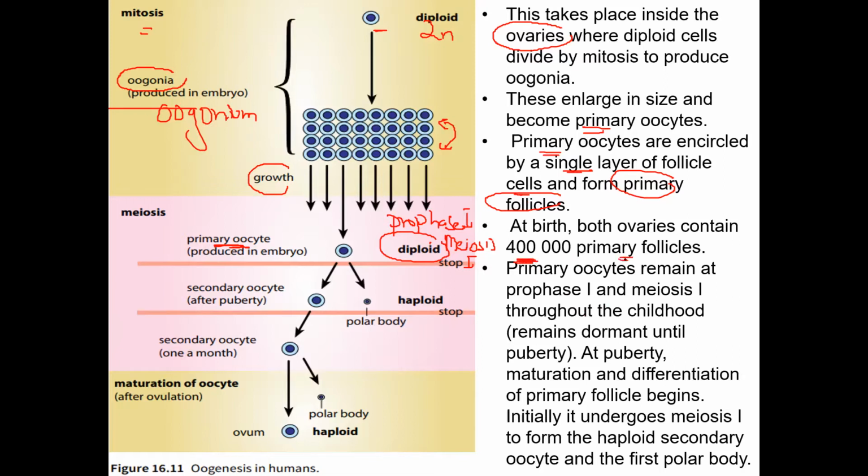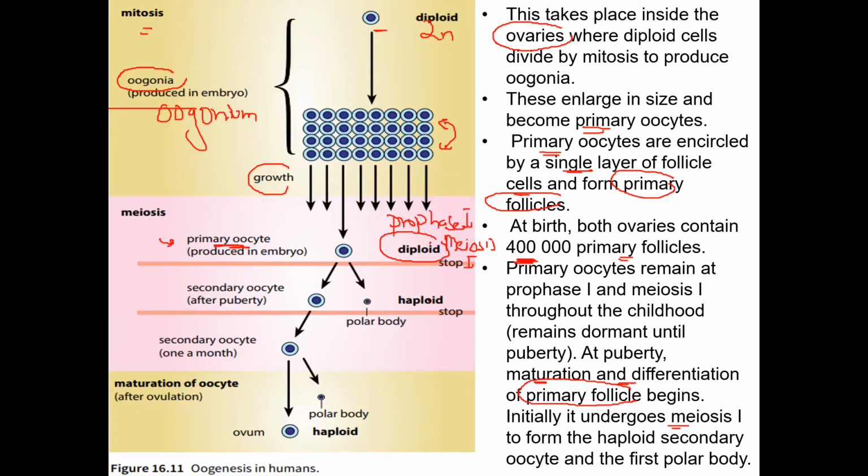So these primary oocytes, or primary follicles rather, stay in prophase 1 of meiosis 1 throughout childhood, right? It means they would stay dormant till the child has reached puberty. The moment puberty hits, these primary oocytes or primary follicles start to mature and differentiate, right? So the maturation and differentiation of the primary follicle begins. Initially, meiosis 1 is completed because it was stuck at prophase 1.